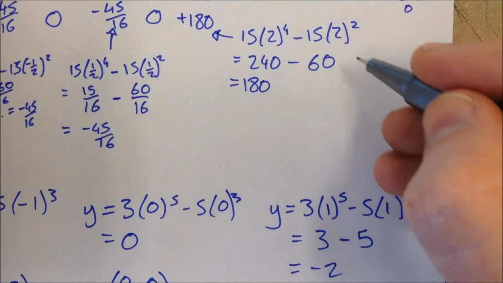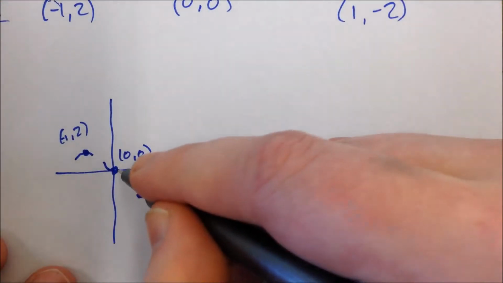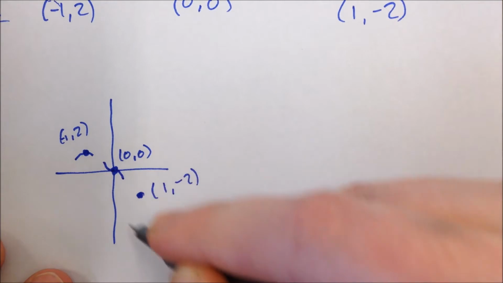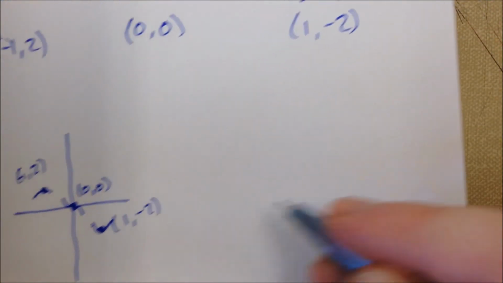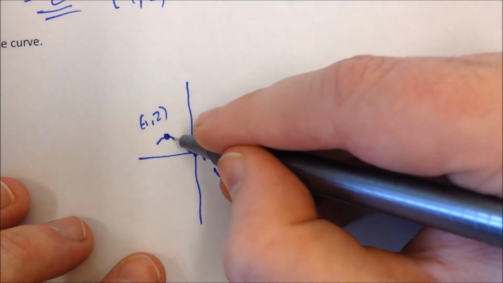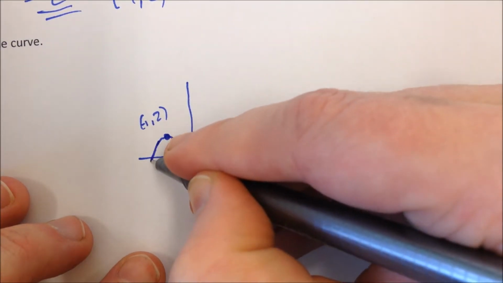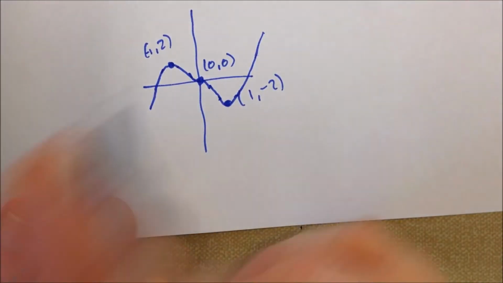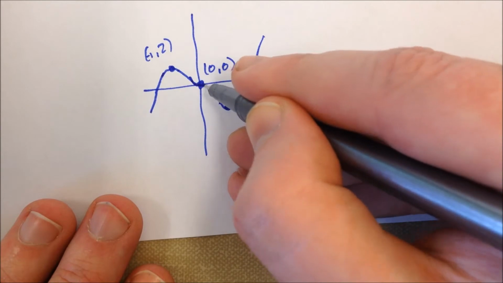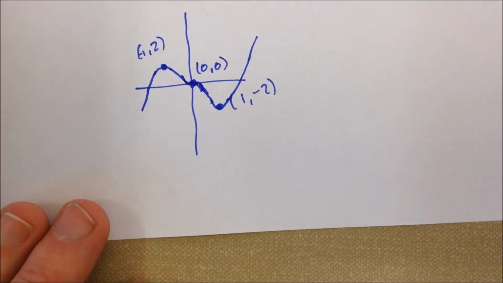Maximum point, point of inflection, and a minimum point, so that is going to go like that. I haven't really drawn the point of inflection that clearly, so let's just, there we are. That looks a bit more flat now.